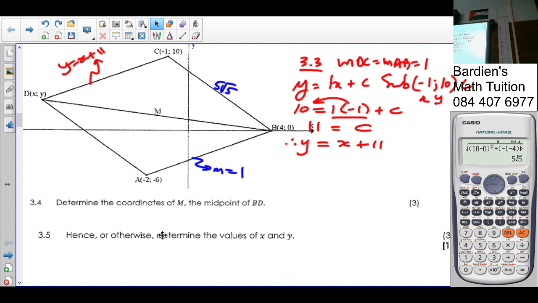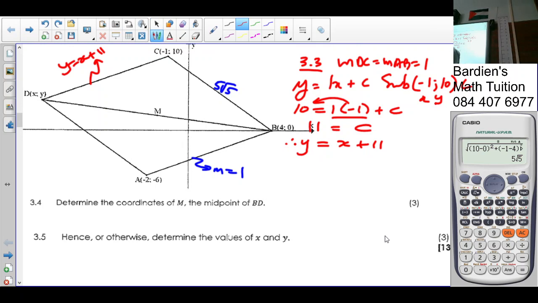the question says, determine the coordinates of M, the midpoint of BD. So here's M. But what do we know about M? M is also the midpoint of what?